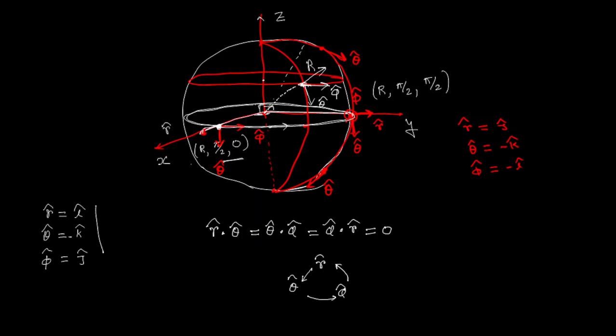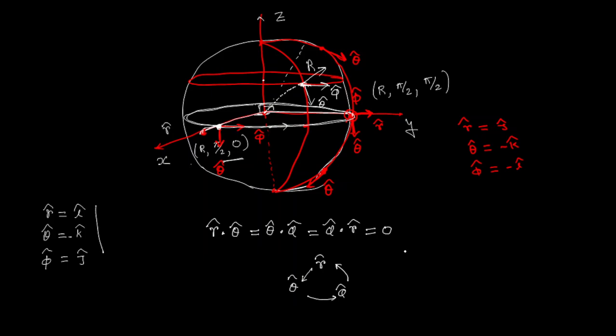And if you take the cross product of phi cap with r cap, that will give you theta cap. But if you reverse this cycle, if you take the cross product of theta with r, that will give you minus phi cap. If you take the cross product of r with phi, that will give you minus theta cap. And if you take the cross product of phi cap with theta, that will give you minus r cap.